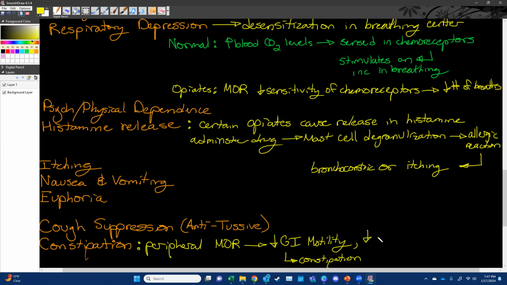It also leads to an increase in sphincter tone, which means that it's harder to get through the sphincter. So even if the feces has reached the colon, it's harder for you to push the feces out.